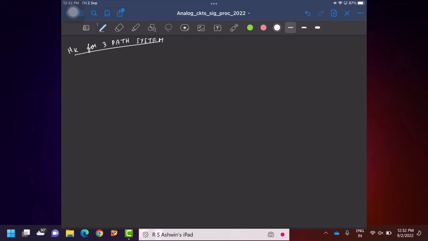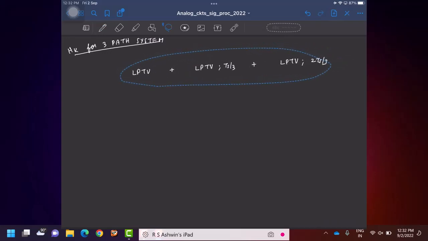We obtain the response for the three-part system by taking our base LPTV system, and we add the response of this to the same LPTV system delayed by Ts by 3, plus one more delayed by 2 Ts by 3. So let's find for k equal to 0.